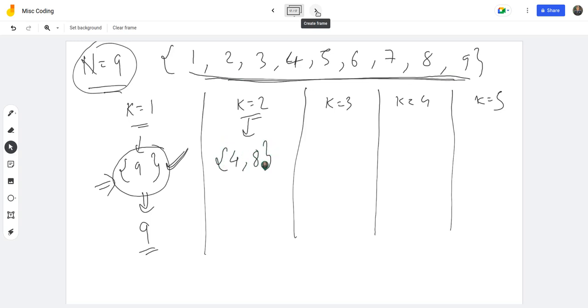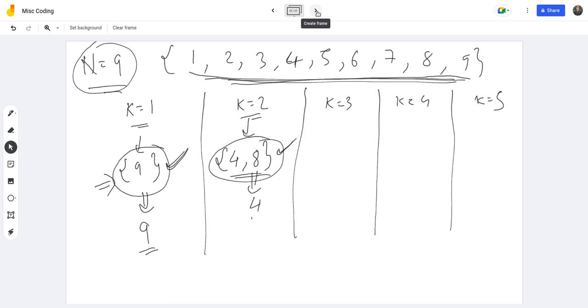You can try other combinations as well. Try picking any two numbers out of this entire set of 9 numbers and you'll find that the GCD of those two numbers will be less than or equal to 4. So here the GCD of 4 and 8 is 4. So again, the answer here is 4, 8.